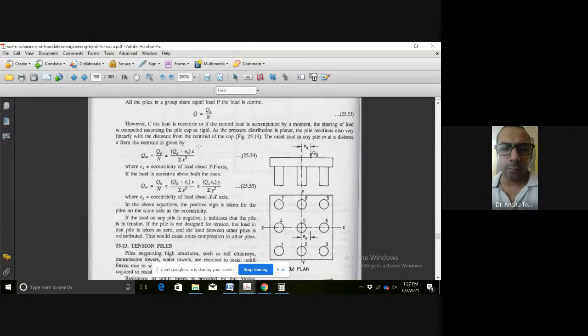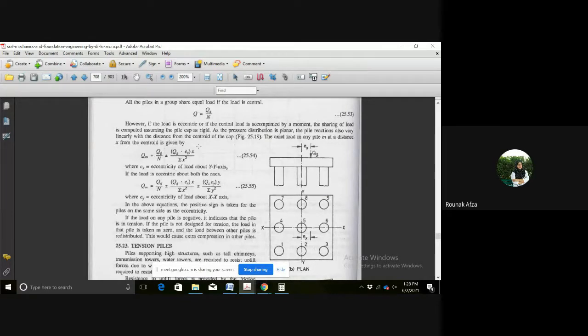Yes, sir. What is that formula? P upon A plus minus M upon Z. Yes, sir. What is the formula? P upon A plus minus M upon Z. Sir, we have to explain the terms in this. Not only the terms, you also have to explain.